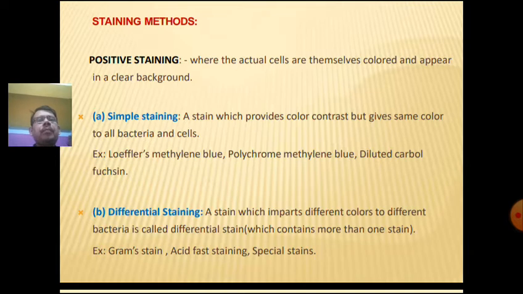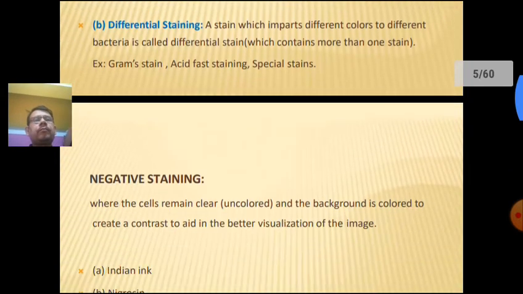Simple staining provides color contrast but gives the same color to all bacteria and cells, for example loeffler's methylene blue, polychrome methylene blue and dilute carbol fuchsin. Differential staining imparts different colors to different bacteria and contains more than one stain, for example the gram stain, acid fast stain and special stains.